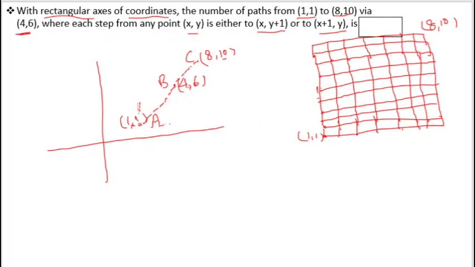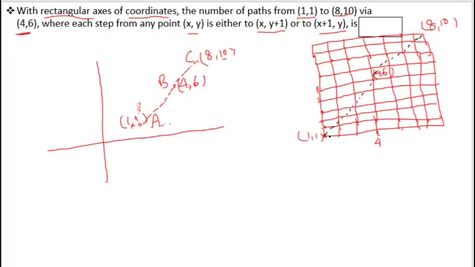This is 1, 2, 3, and this is 4, right? And where will be 6? This is 2, 3, 4, 5, 6. So this point will be basically 4 comma 6. Now first we have to go to 4 comma 6, and then we'll go to 8 comma 10.